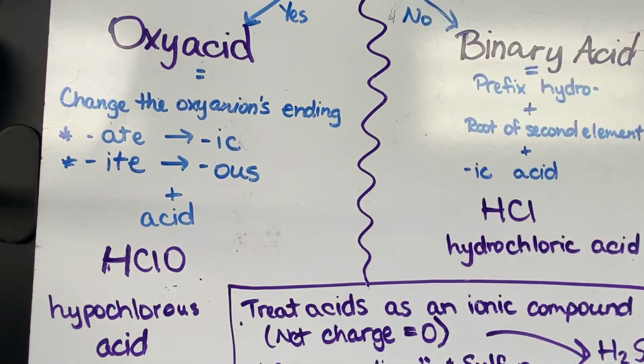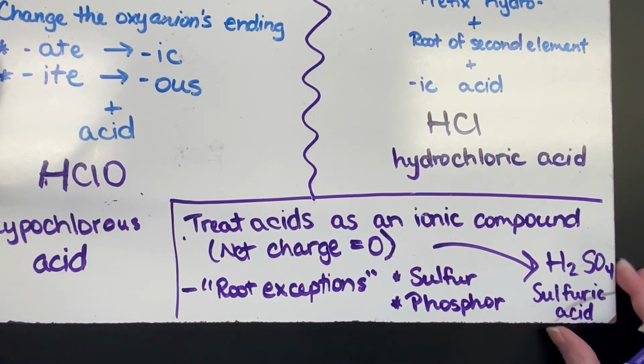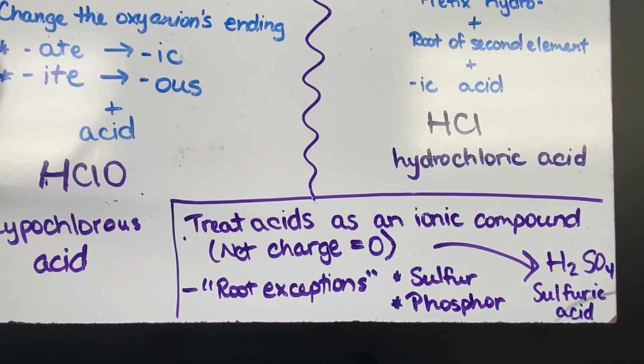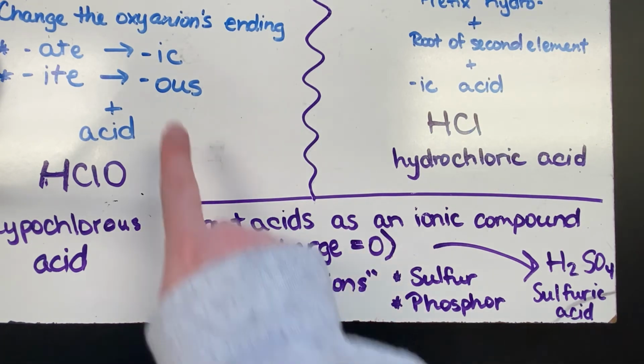We do have some extra rules. When it comes to our acids, we're going to treat them just like we do an ionic compound. So that means we're always going to have a net charge equal to 0. That's okay in this case because most of the time we're going to be balancing out just the hydrogens. So we're not going to have to worry about parentheses around any of our polyatomic ions, any of those oxyacids.